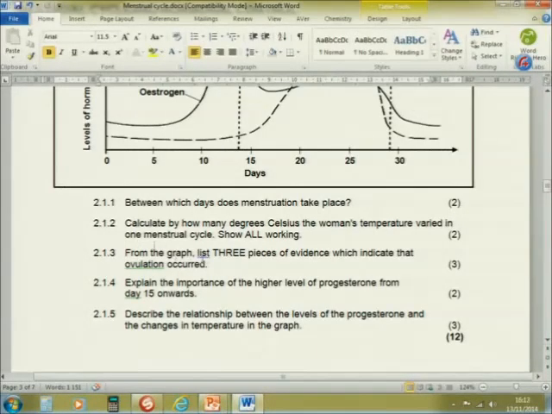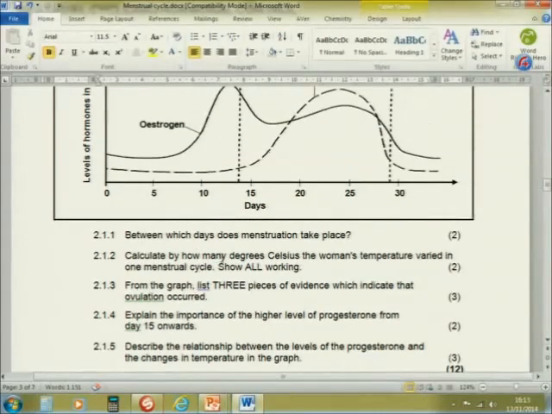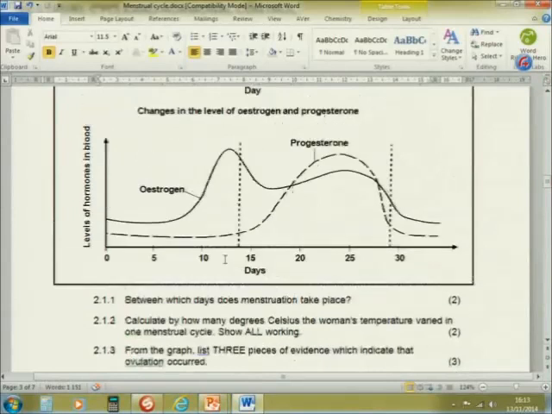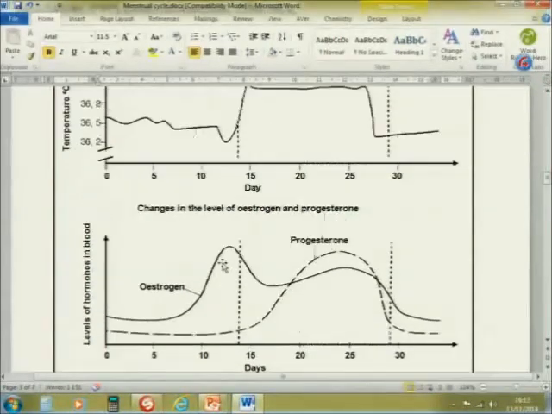From the graph, list 3 pieces of evidence which indicate that ovulation occurred. You all know that when ovulation takes place, the amount of estrogen will decrease. So one piece of evidence is that the amount of estrogen has decreased after day 14.